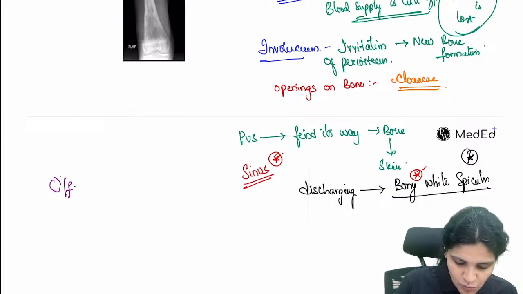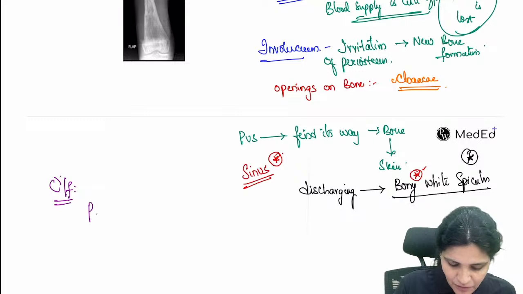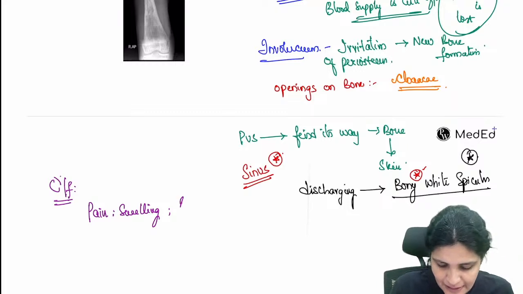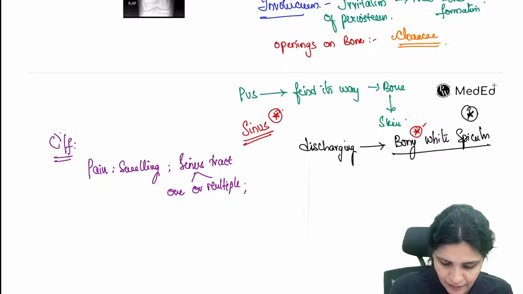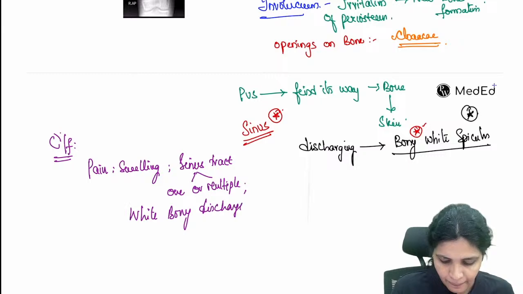So the clinical features: the patient comes again with severe pain, swelling, and this time he comes with the sinus tract. They could be one or multiple, right? And then he will tell you that white bony discharge is present, and he looks malnourished, right?